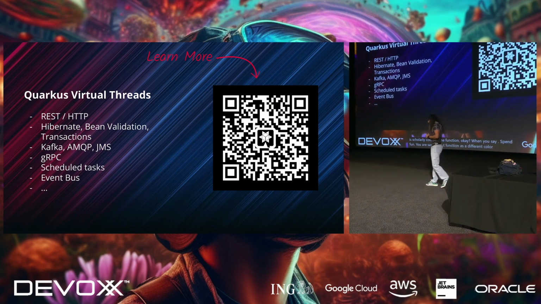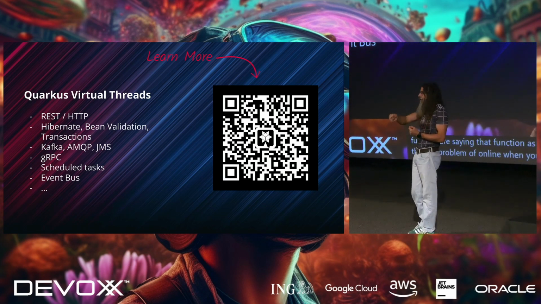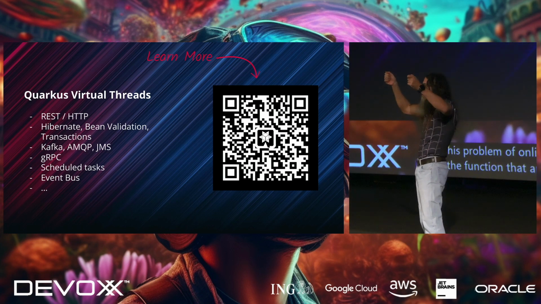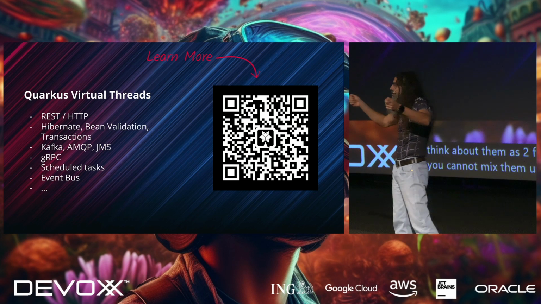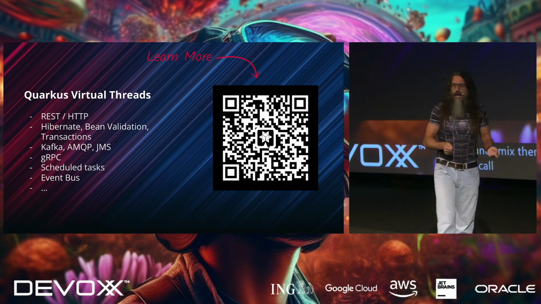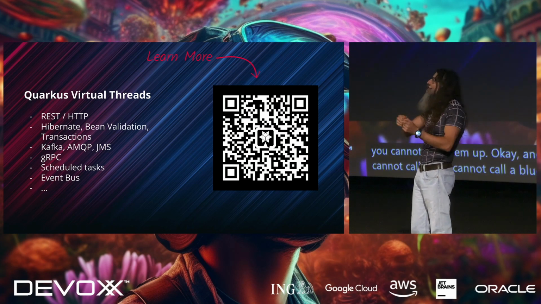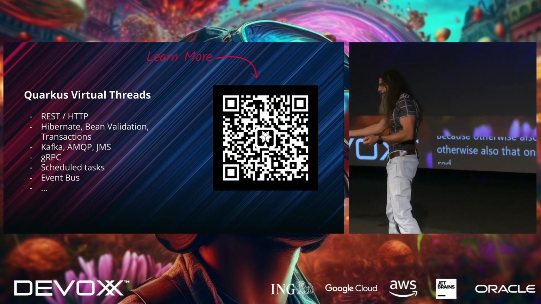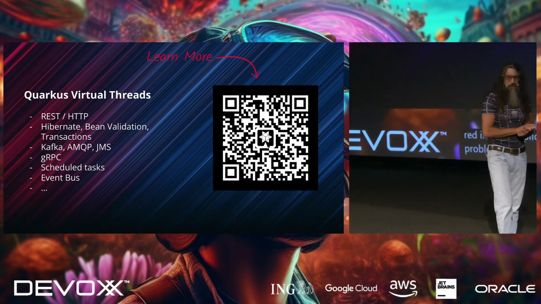Look for this problem online. The suspended functions and the functions that are not suspended, you can think about them as two functions with two different colors, and you cannot mix them up, okay? And that's the problem. You cannot call a blue function from a red one, because otherwise that one also becomes red and everything becomes red in your application. So look for the red-blue function problem and you will see this thing.